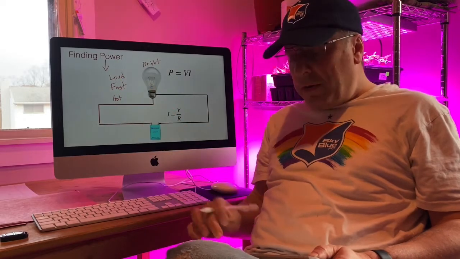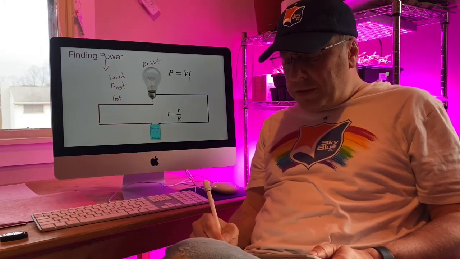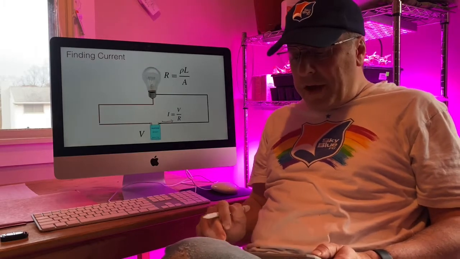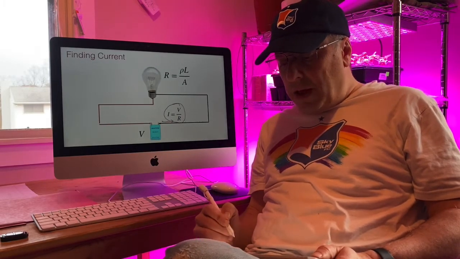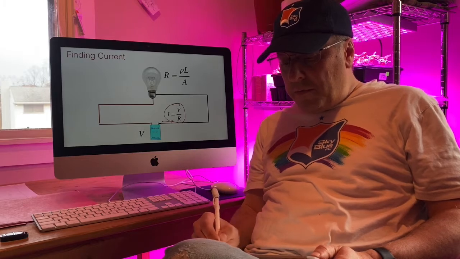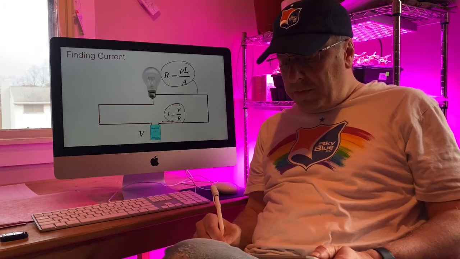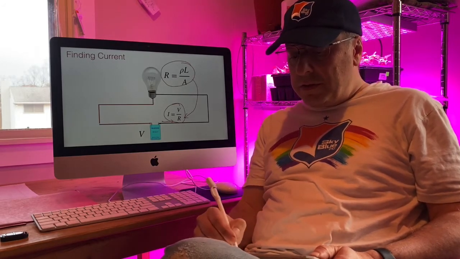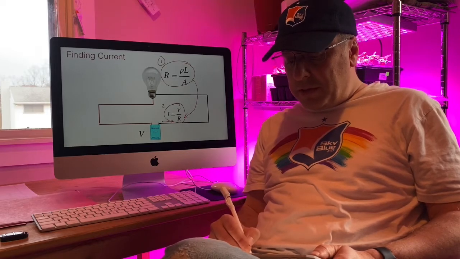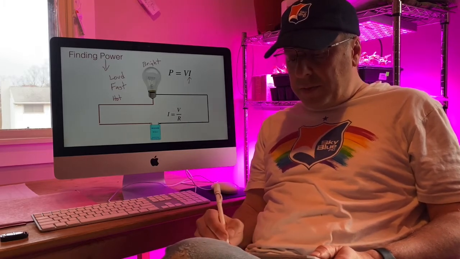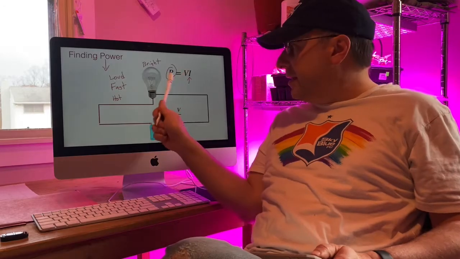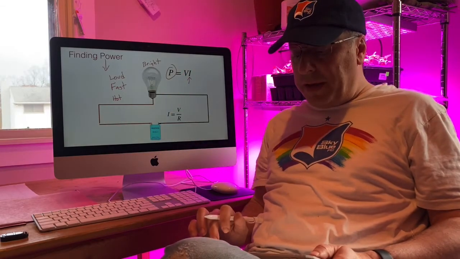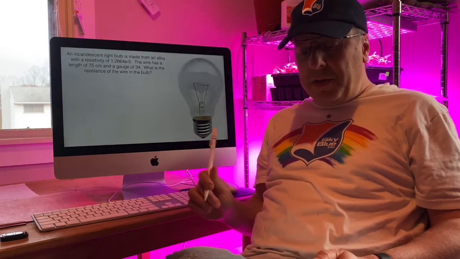So getting the power, just to recap, you first have to find the current. You find the current by using Ohm's Law. You find the resistance using the formula for resistance. So this would come first, this would come second, this would come third, and this, again, is our most important equation.